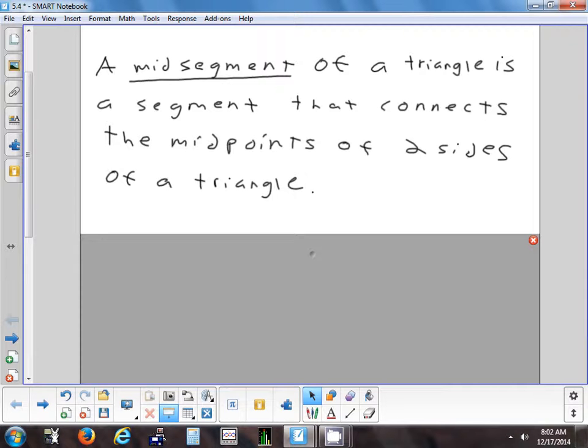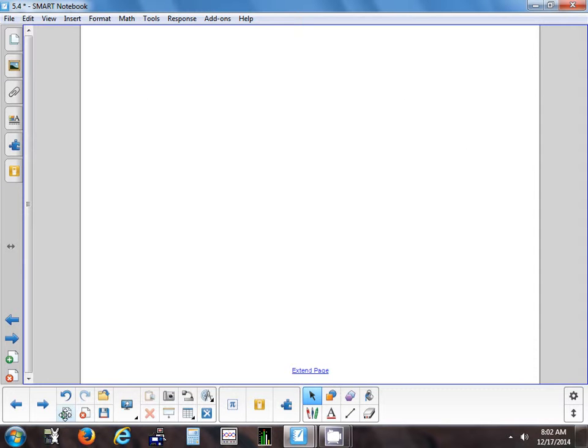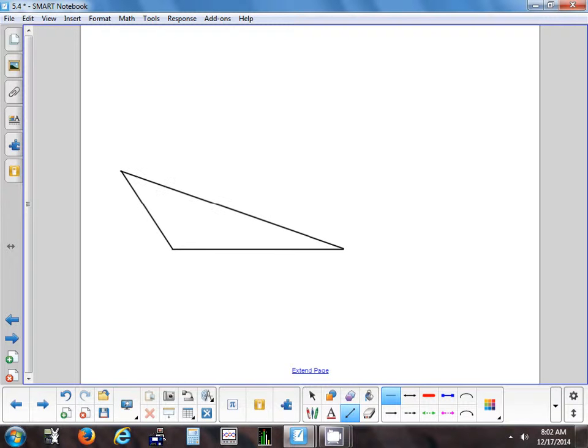Okay, let me try to sketch a mid-segment, and I want to see if you can tell anything special about it. So we'll draw a triangle, then we'll draw in a segment that'll connect the midpoints of any two of the sides. It doesn't matter which two. Let's draw just any kind of triangle.